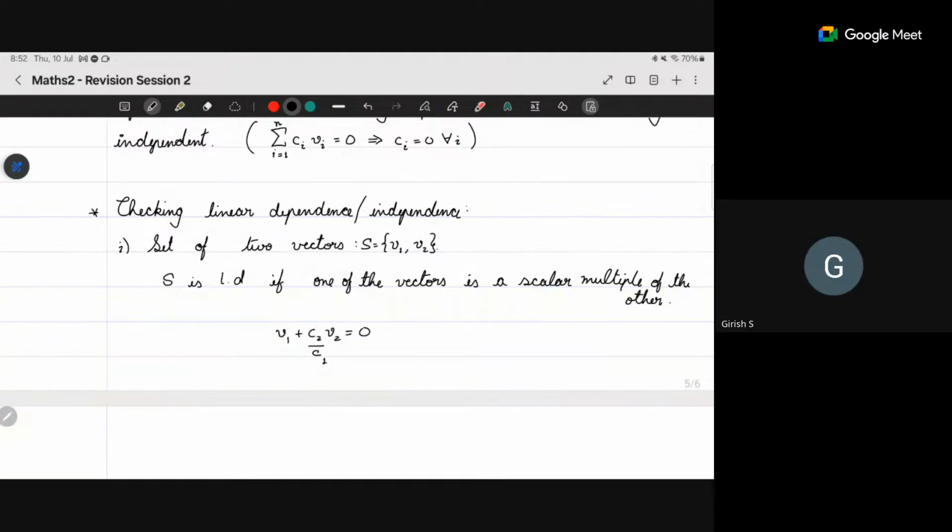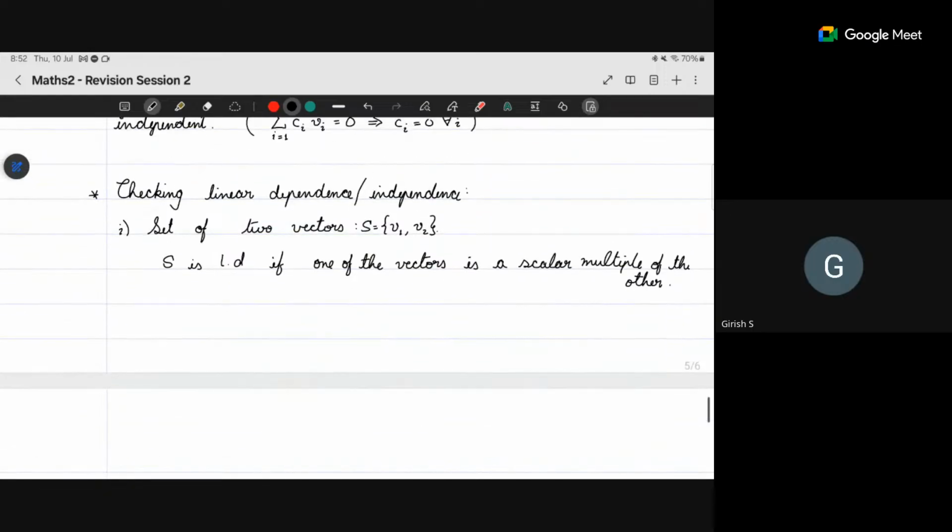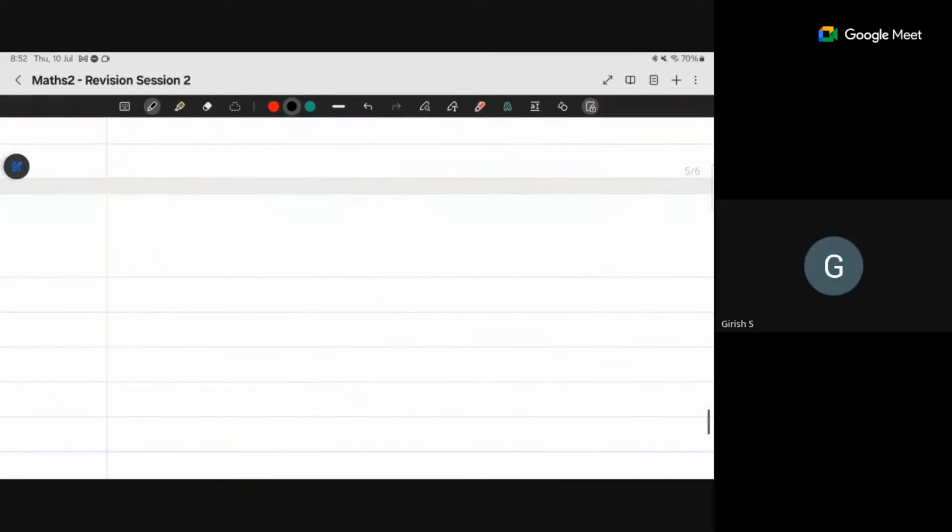Taking it to the other side, v1 is equal to minus (c2/c1) v2, which means it is a scalar multiple of the other. So for two vectors, all you need to check is whether one is a multiple of the other. Is v1 a multiple of v2 or is v2 a multiple of v1? If either holds, they are linearly dependent. Otherwise, they are linearly independent. That's a very special case, only two vectors.